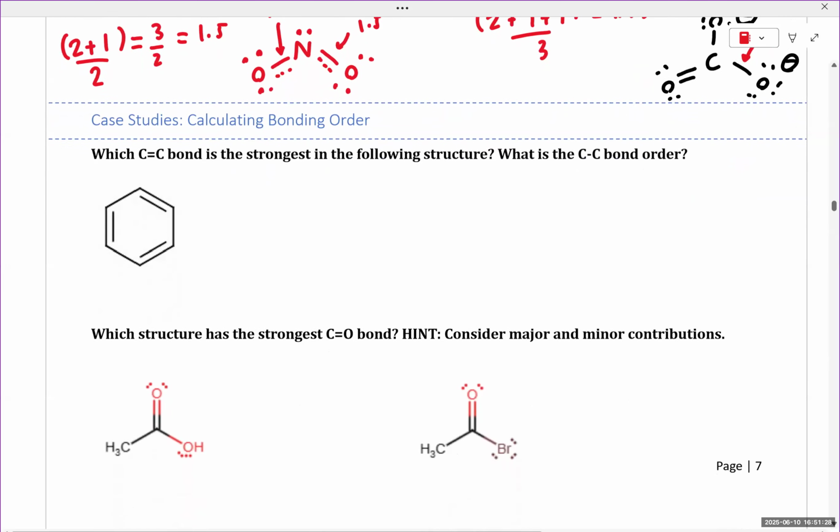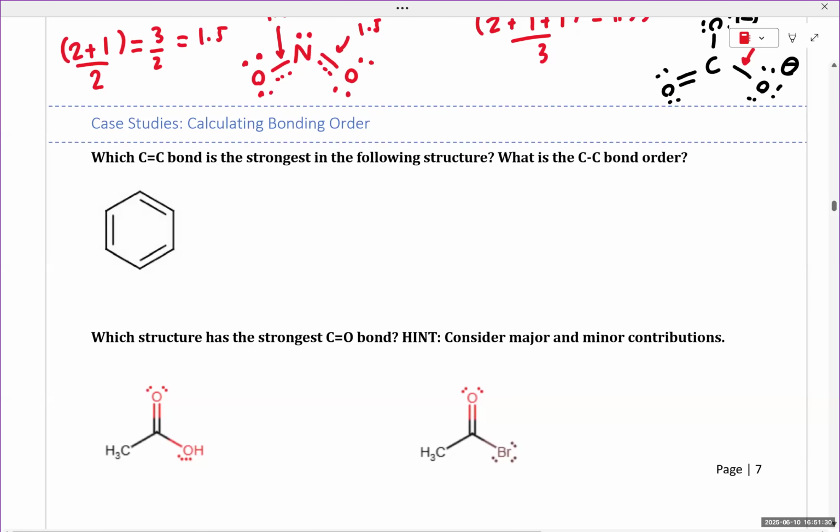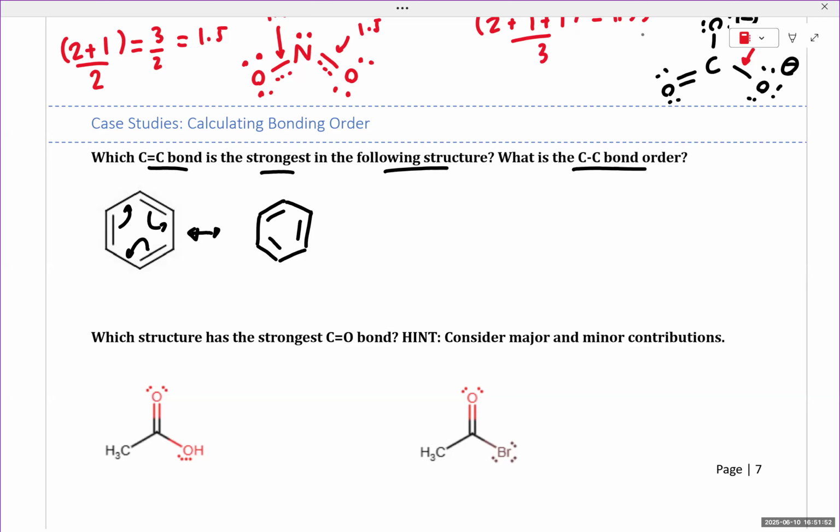So let's do some case studies now. In this case, we're asked to calculate which carbon-carbon bond is the strongest in the following structure and what is the carbon-carbon bond order. We can draw some resonance structures for this benzene ring. We can push each of our pi bonds one carbon over, and that generates the following resonance structure.